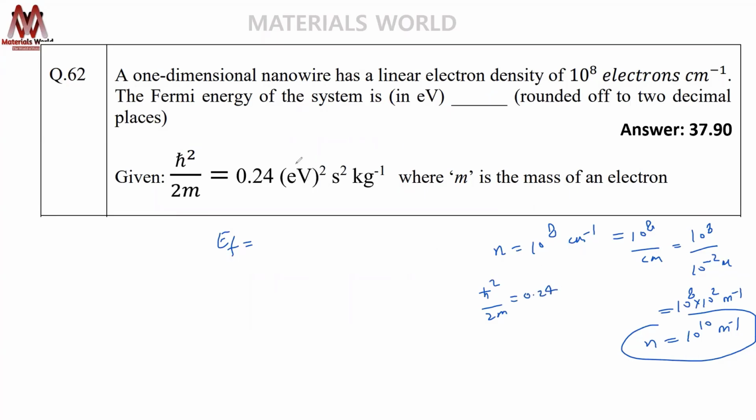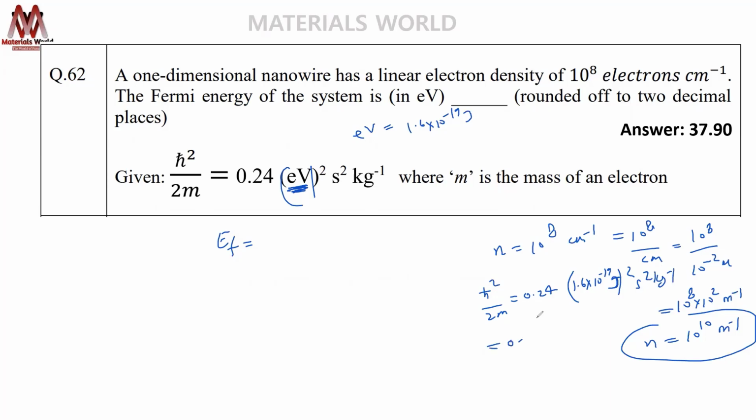So 0.25 electron volt square. I can put electron volt equals joule. So 1 electron volt is 1.6 into 10 power minus 19 joule. I can put here 1.6 into 10 power minus 19 joule to the power whole square. What I've done is replaced this electron volt with the joule to the power whole square. Then second square kg inverse. Simple.